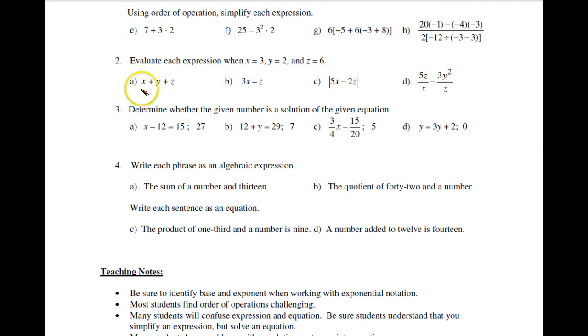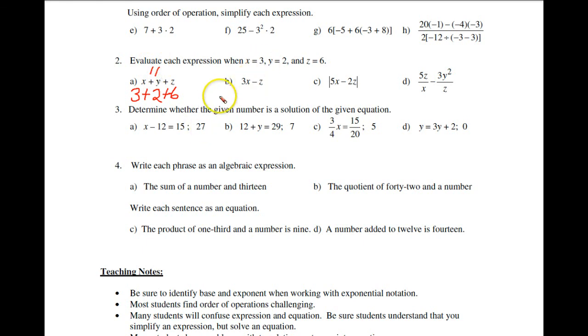So let's take a look at this. Now we're saying x is 3, y is 2, and z is 6. So this is pretty straightforward. So we get 5 plus 6, this will be an 11.